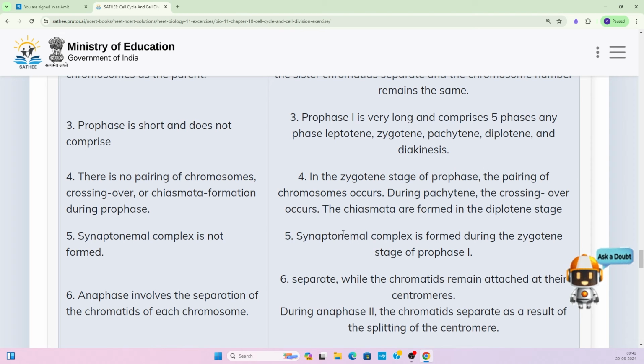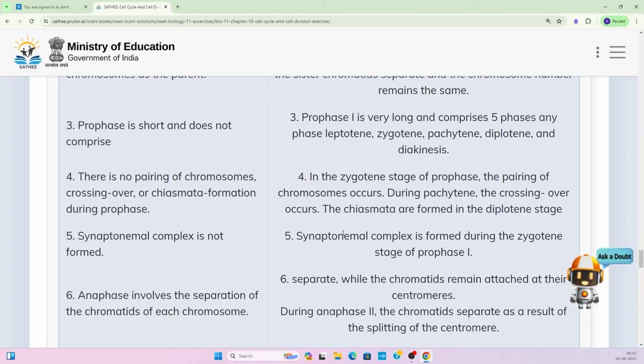Next difference, there is no pairing of chromosomes, crossing over, or chiasmata formation during the prophase of mitosis. So it doesn't happen. Now in the zygotene stage of the prophase of meiosis, the pairing of chromosomes occurs. During pachytene, crossing over occurs. The chiasmata are formed in the diplotene stage.